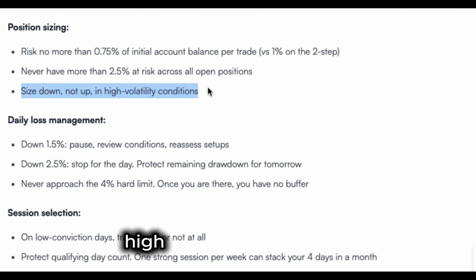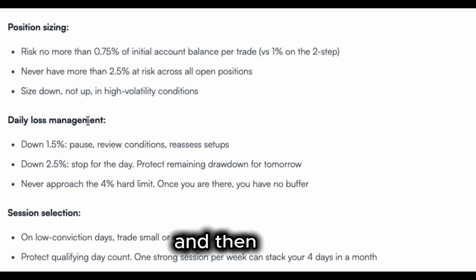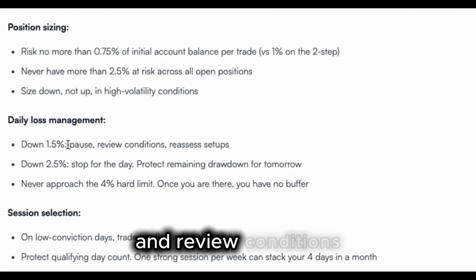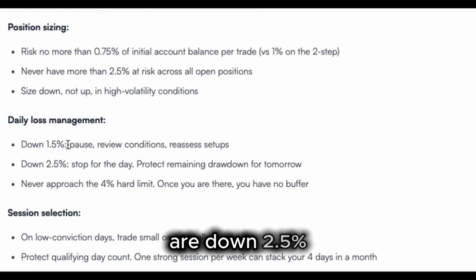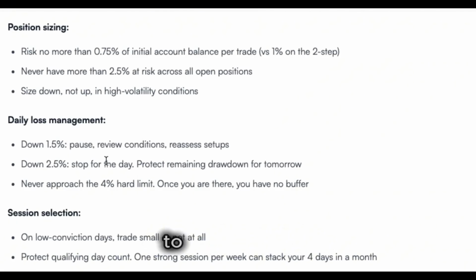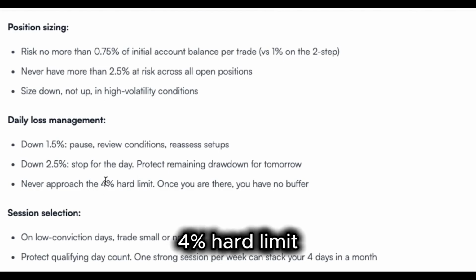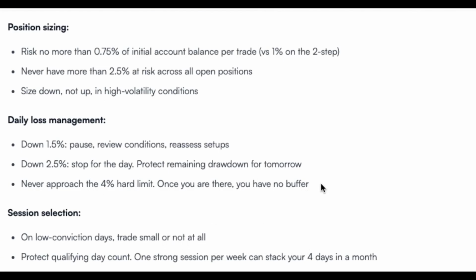Size down in high volatility conditions, and give yourself some breaks. For example, if you're down 1.5%, take a break and review conditions. And if you're down 2.5%, just stop for the day. Otherwise, you risk approaching the 4% hard limit, and once you're there, there is no buffer. You risk being kicked out of the challenge.